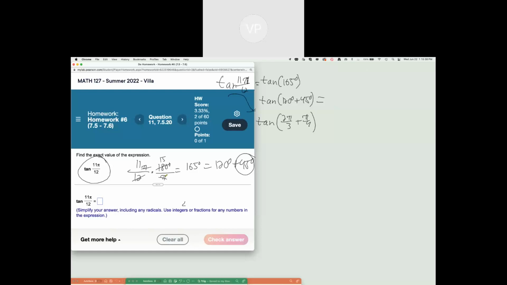Again, I told you don't have to memorize this one. I'll forget it after a couple weeks until I teach this class again because it's not a common formula. But if you're trying to test yourself, just think, okay, I think it's tangent of the first. In fact, I'll write the formula over. Tangent of alpha plus beta.